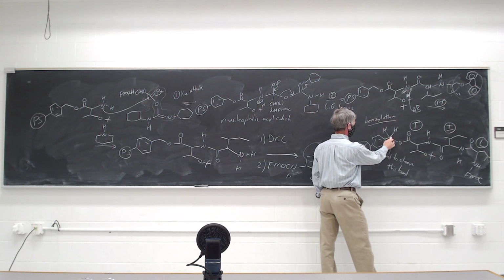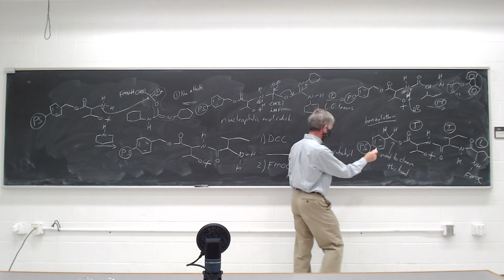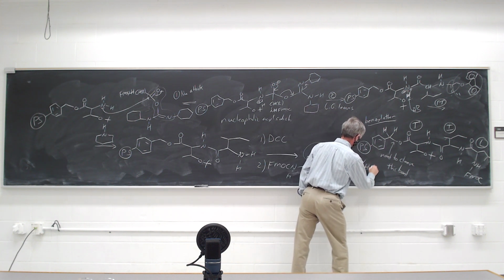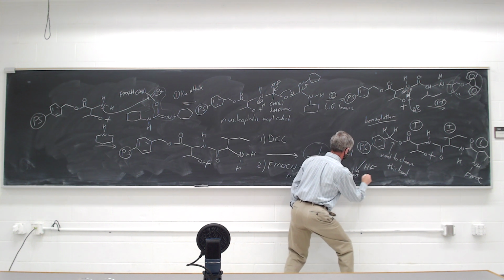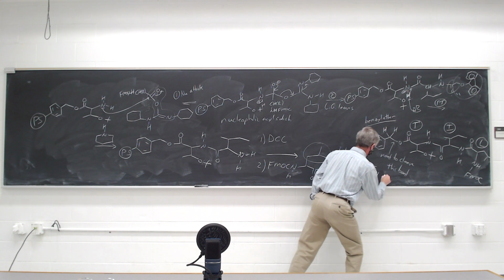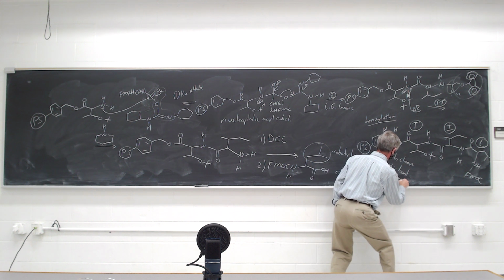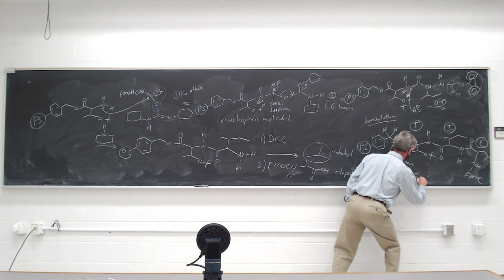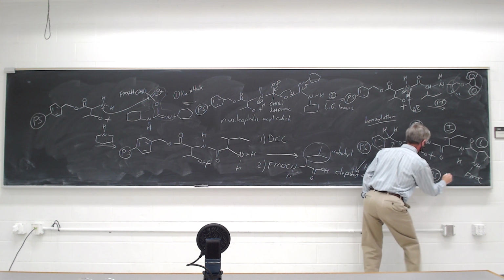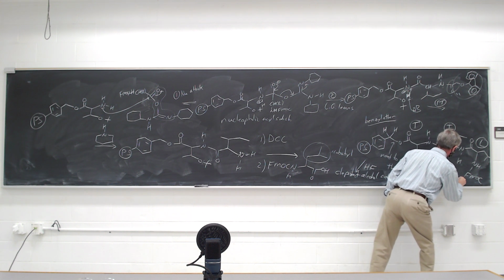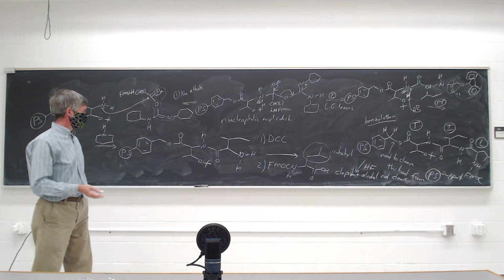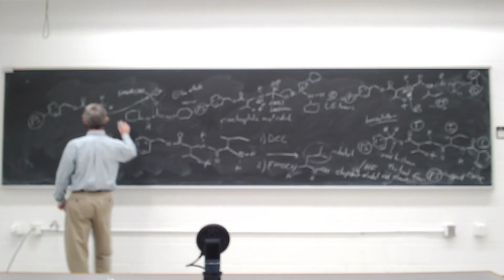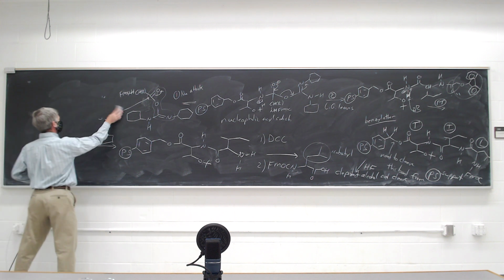So we can deprotect the alcohol and remove it from the solid phase in a single step by using HF. It will deprotect the alcohol and it will cleave it from the solid support. And that's an SN2 reaction.